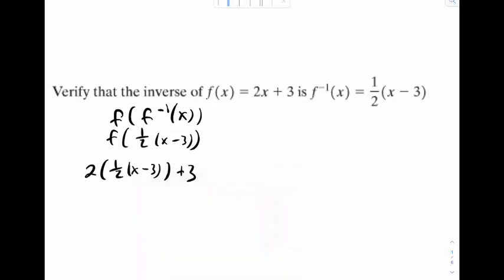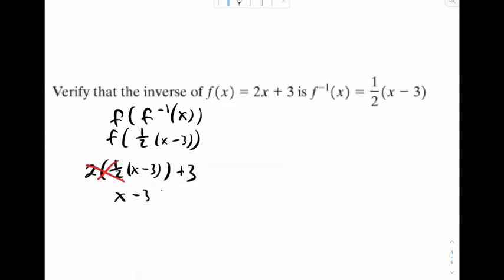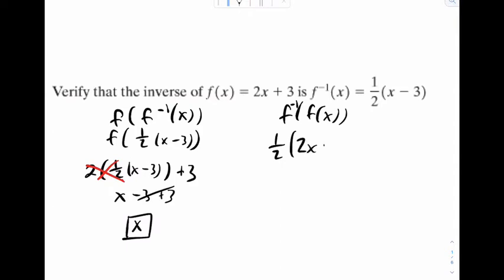This is kind of cool. The 1/2 and the 2 cancel out. Then we're left with x minus 3 plus 3. And look, we did get back to x. And if I flip it around, f inverse of f, that would be 1/2 times 2x plus 3 minus 3. The 3's cancel out, and that's clearly x.